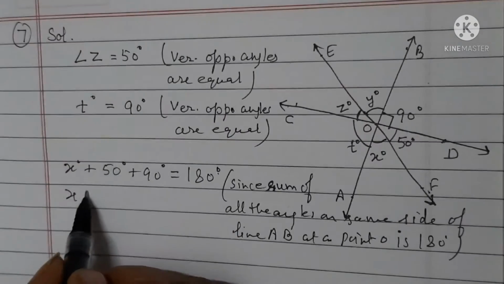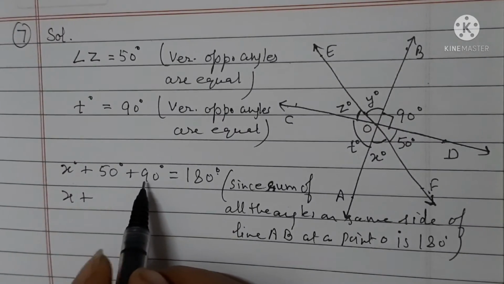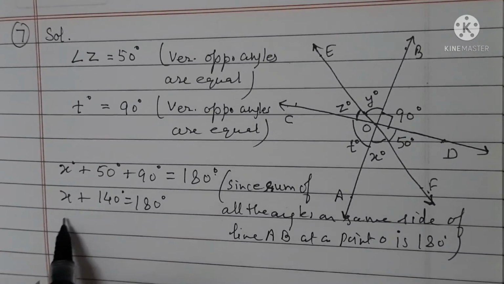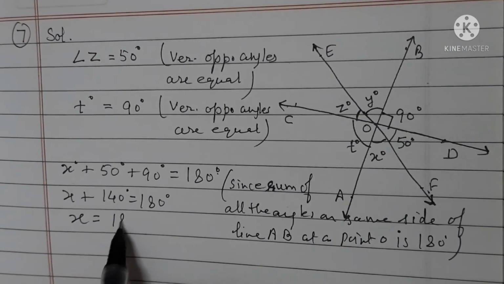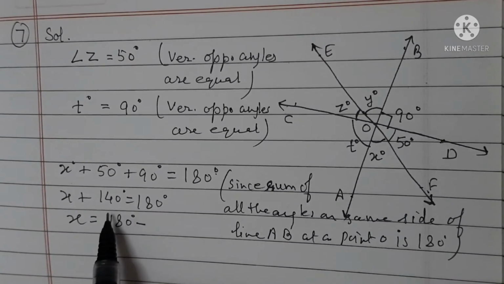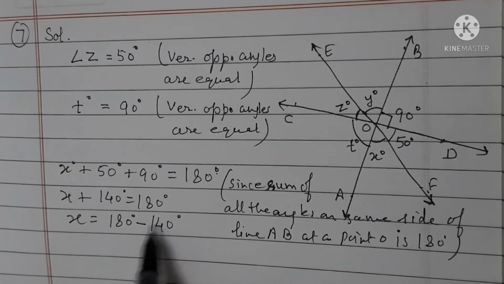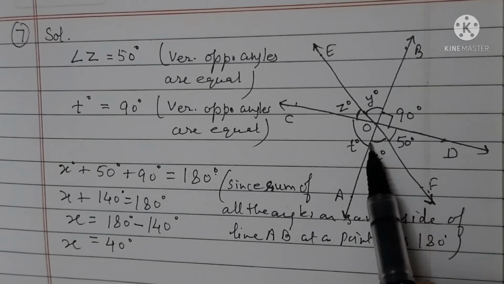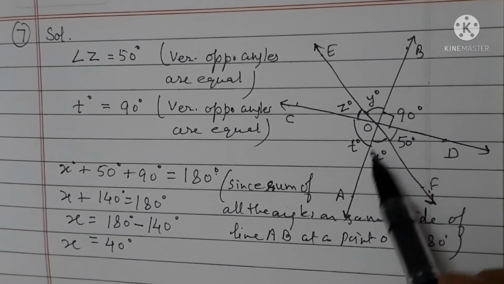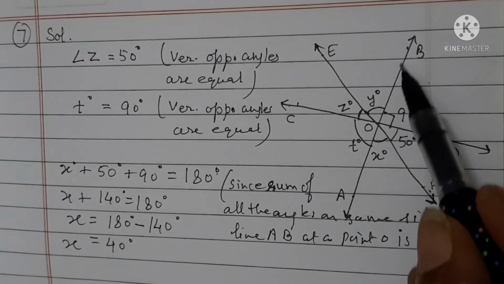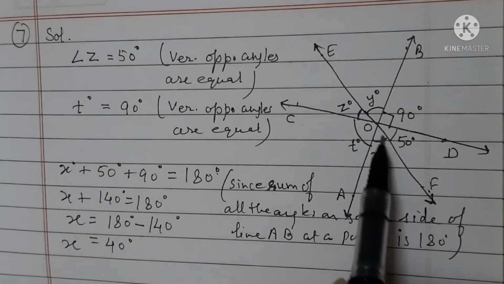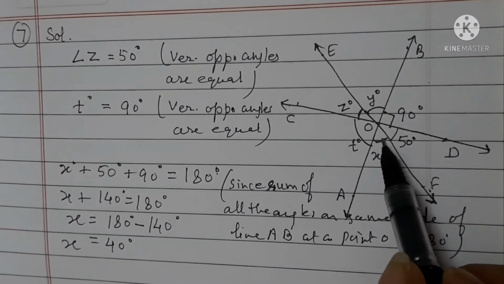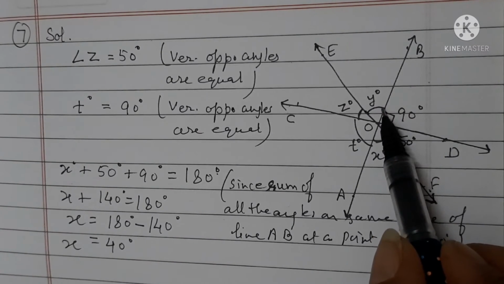Now X plus this becomes 140 degrees is equal to 180 degrees. X is equal to 180 degrees minus 140 degrees, which is 40 degrees. See the lines AB and EF intersecting at point O, and angles X and Y are vertically opposite angles.